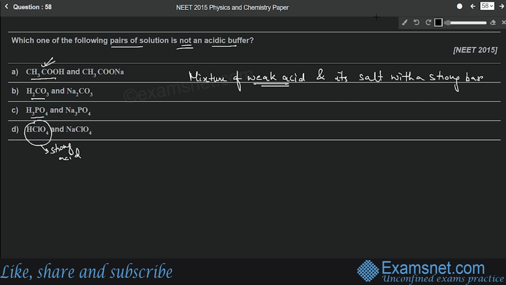Therefore, it will not form an acidic buffer, because in order to form an acidic buffer, weak acid should be present. Therefore, option D will be the correct answer. That means it is not an acidic buffer.